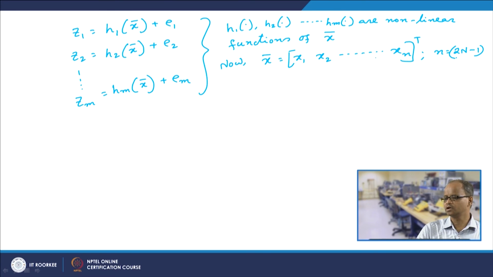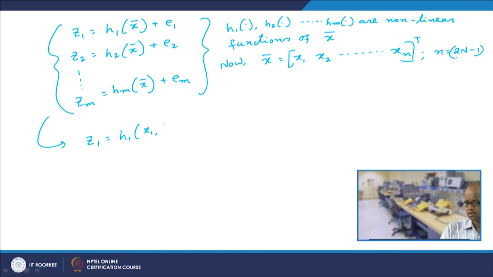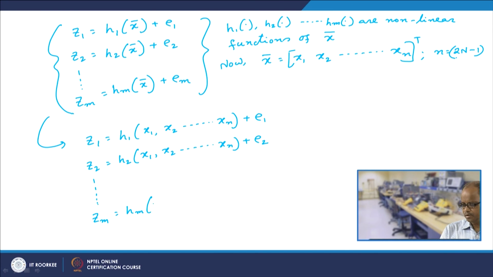So these equations can be written as z1 equal to h1 of x1, x2, up to xn plus E1, z2 equal to h2 of x1, x2, up to xn plus E2, and so on, up to zm equal to hm of x1, x2, up to xn plus Em. So, this is the general measurement model.